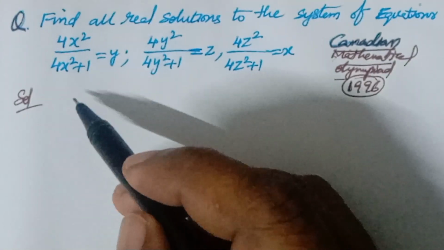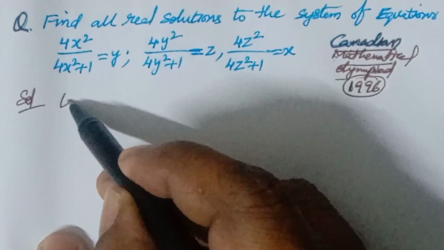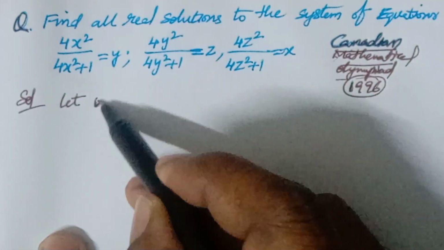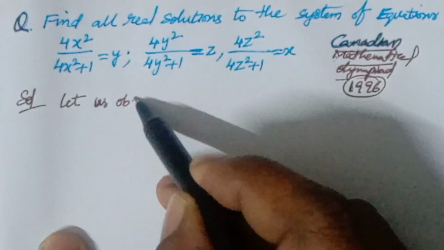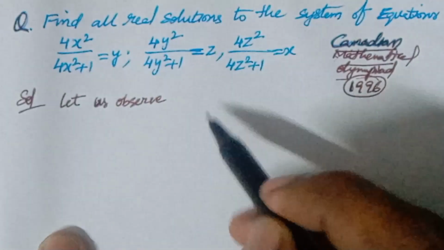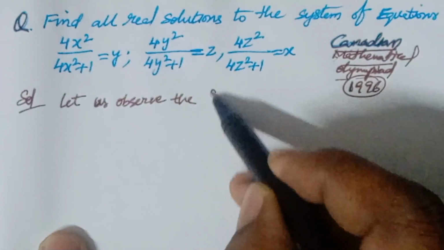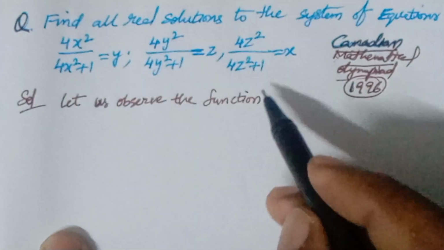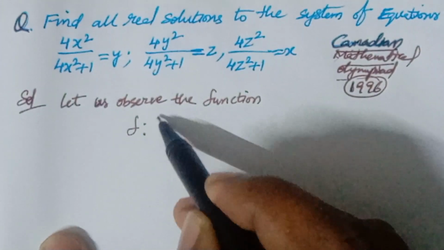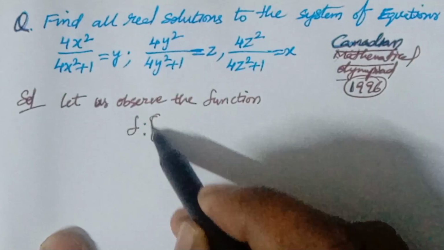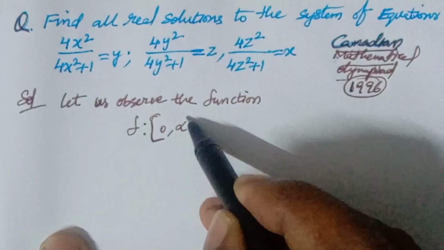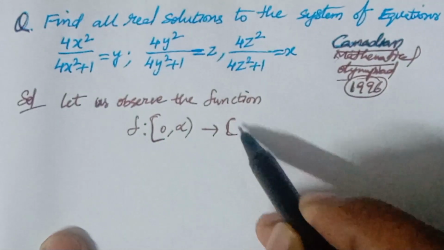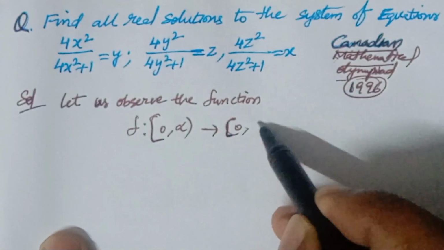Let's start the problem. First of all, observe what is there. Let us observe the function. All three equations have the same function. If you take the domain of f as 0 to infinity, you get the range also 0 to infinity.